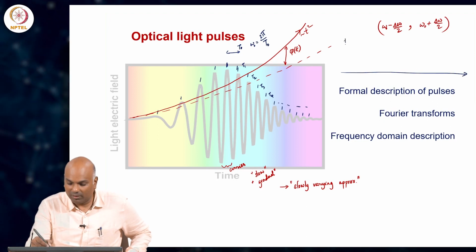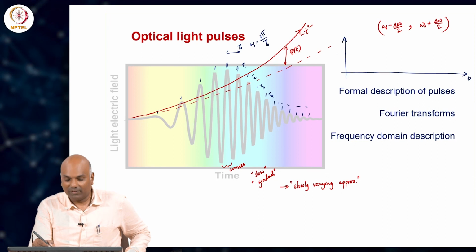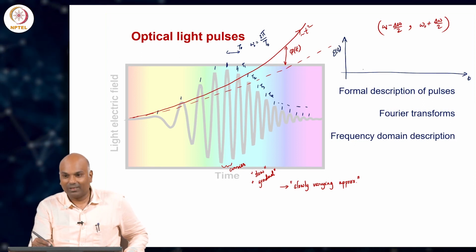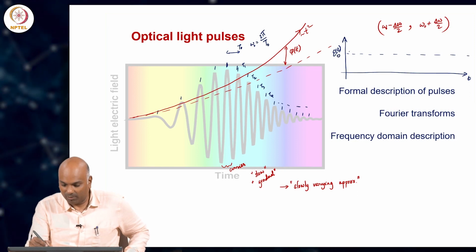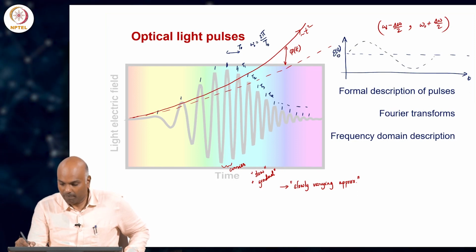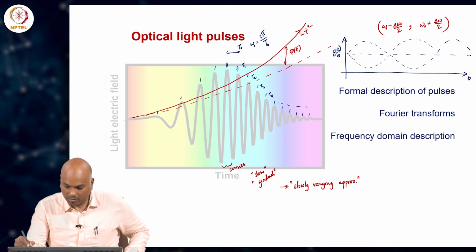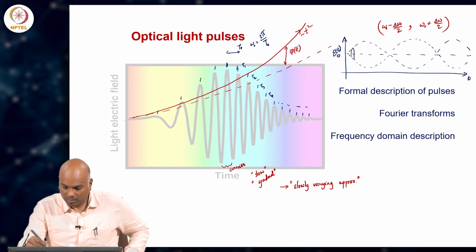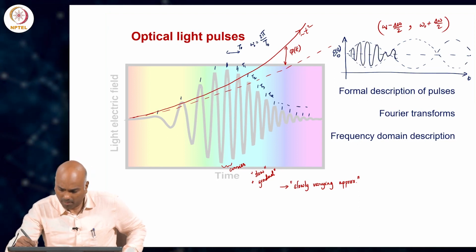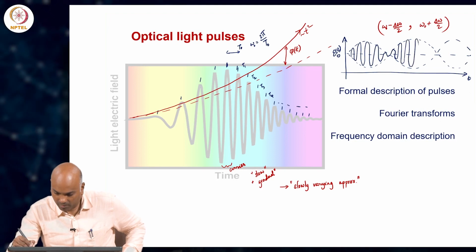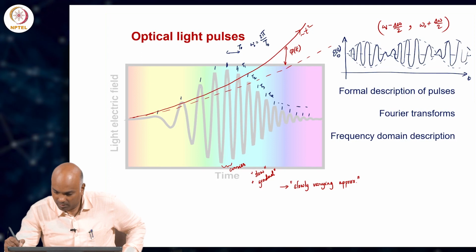This is a done and dusted problem in life, right. So, if this was, then you define the zero of the electric field to be like that. This is the beating of the two waves, is not it?